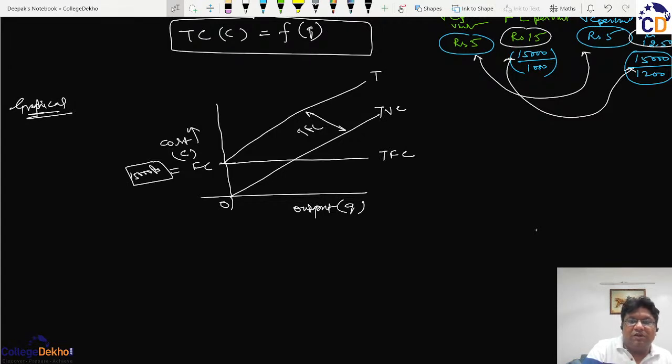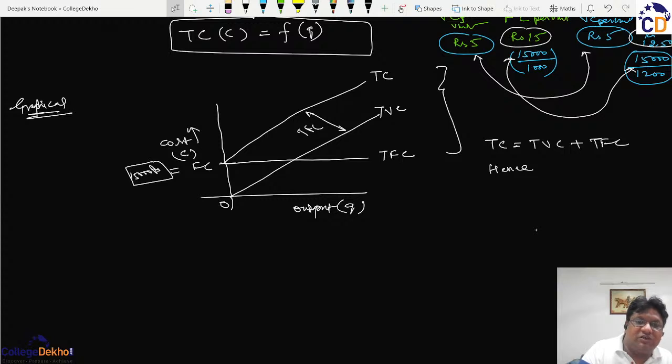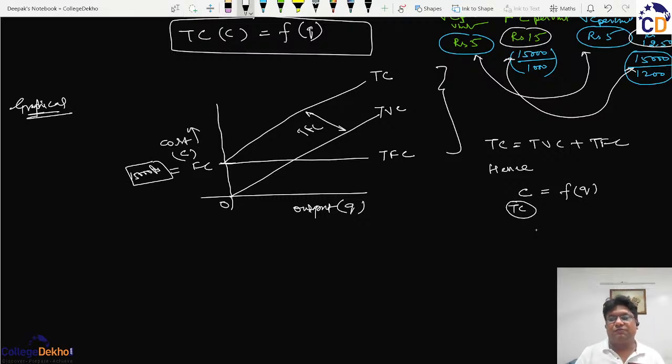So this will be the total cost, underlining from here that the total cost is equal to total variable cost plus total fixed cost, and hence, because the graph is increasing in comparison to the output line, we can say that the cost is a function of quantity, and this cost is total cost.